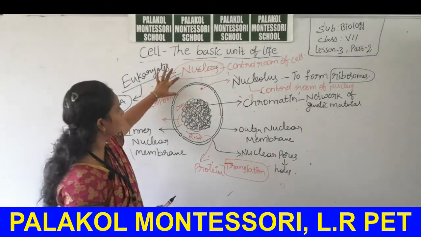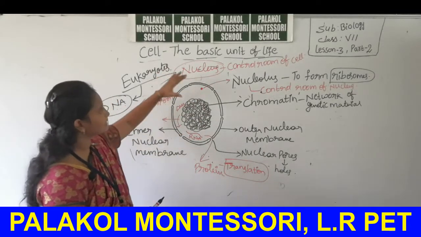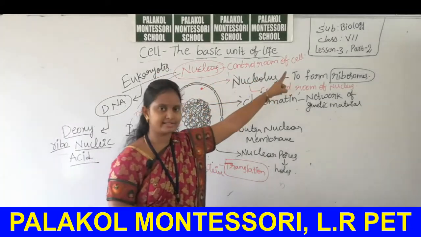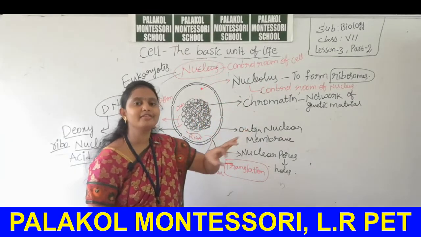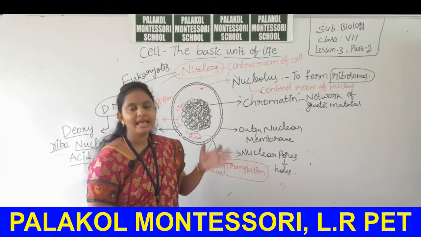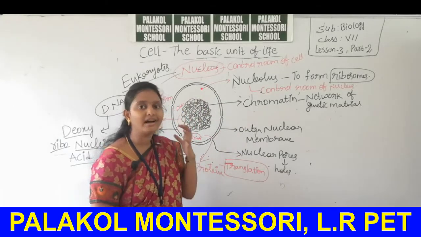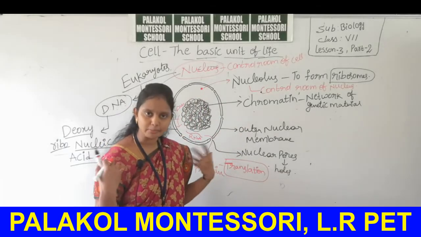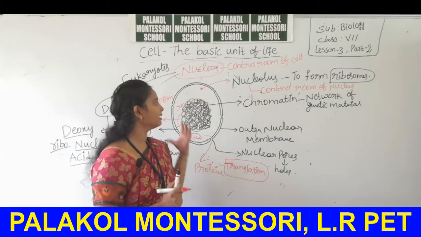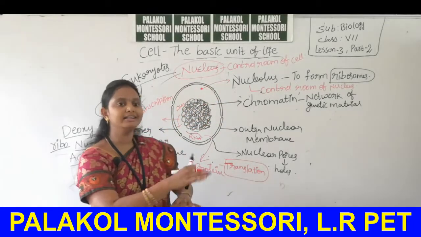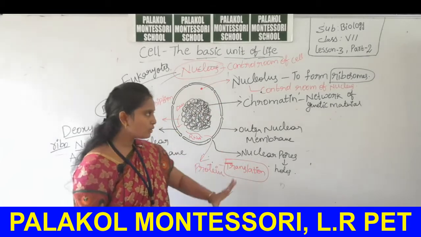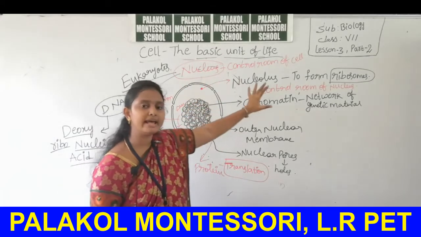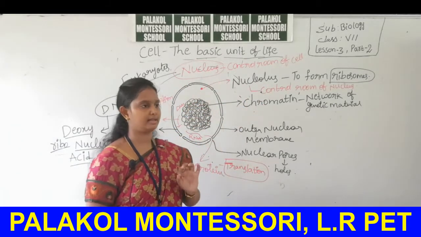Don't confuse. This nucleus is the control room of the cell. So with this nucleus only, all the cell functions are controlled. Just like our brain controls all the functions in our body, in the same manner this nucleus controls all the functions of the cell.